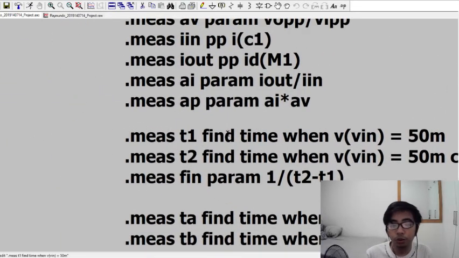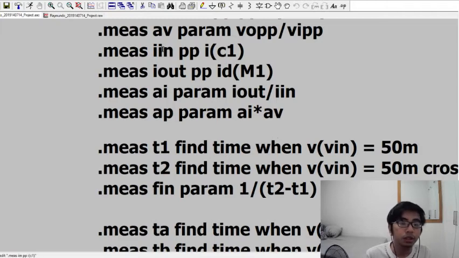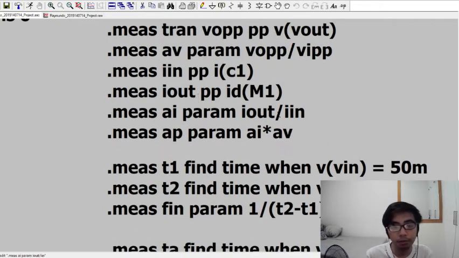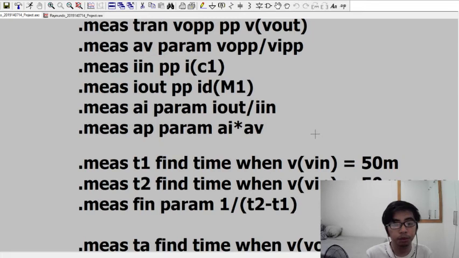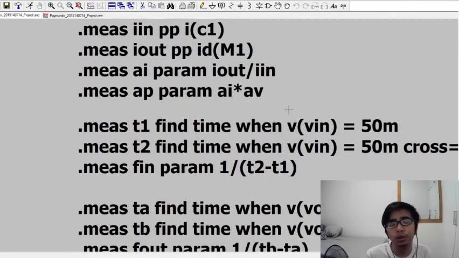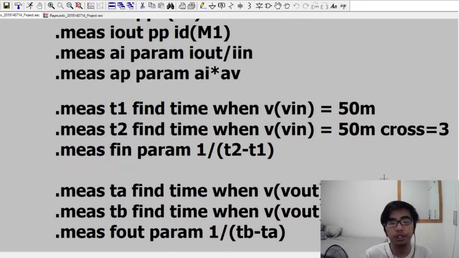For the average current, we divide the current output by current input. To get the power, we multiply the average current with the average voltage.